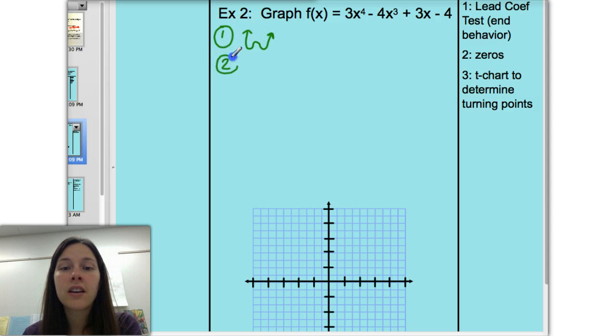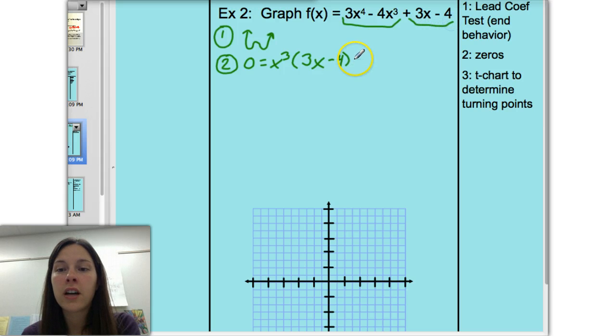To find the zeros of this one, whenever you see a quadnomial, meaning 4 terms, you should think factoring by grouping. So when I set this equal to 0, I'm going to start to factor by grouping these two terms, have a common factor of x cubed, leaving me with a 3x minus 4. And then these two terms, the only common factor is 1.